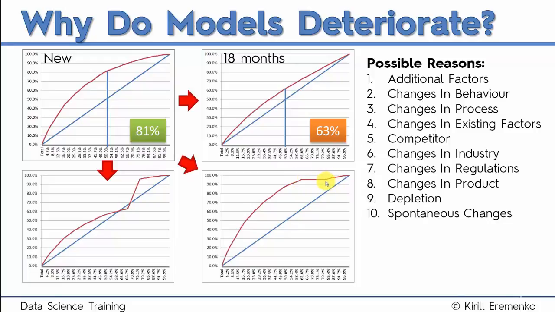Here everybody in France decided to stay. Once again, it could be a regulation, could be a new product, could be maybe there were only 2 banks in France, and one of them just closed down, and you're the only one, so everybody had to stay with you. It could be anything like that. But in this case, something major happened, and you can see that your model broke.